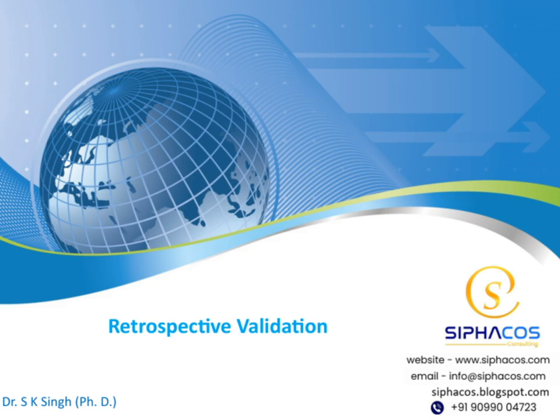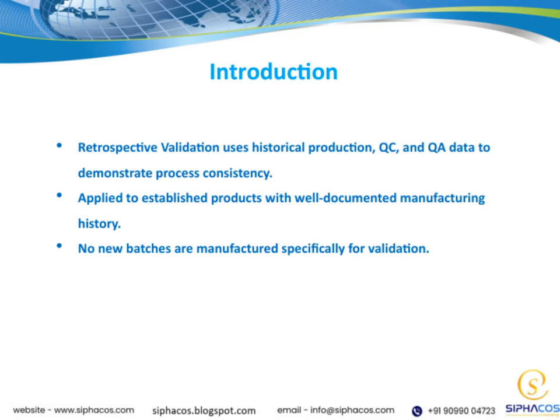Let's get started. Retrospective validation is a method that relies on looking back at existing data from production, quality control, and quality assurance to show that our processes have been consistent over time. It's particularly useful for established products where we have a well-documented manufacturing history. This means we don't need to run new batches specifically for validation purposes.